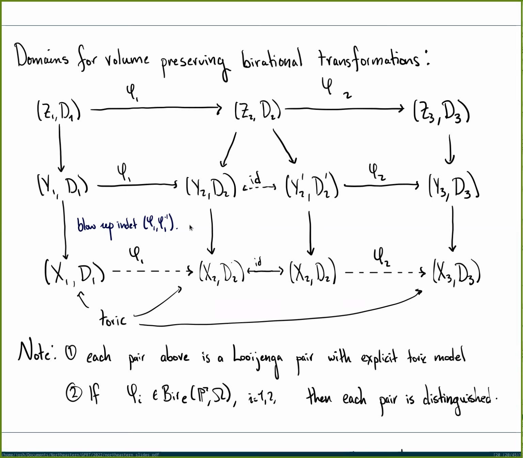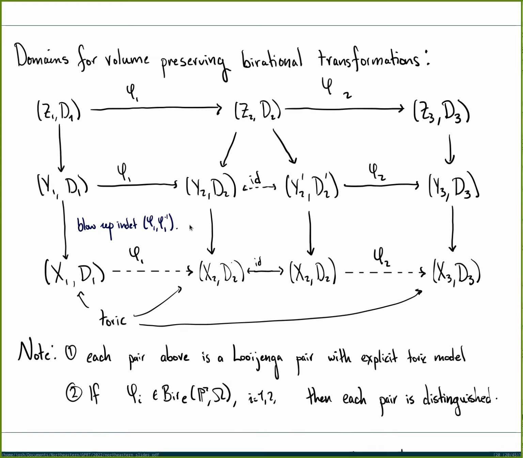I didn't say this on the slide, but the indeterminacy locus is always going to live within the divisors because phi preserves the volume form. So you get manifestly a power of log Calabi-Yau pairs with explicit toric models.